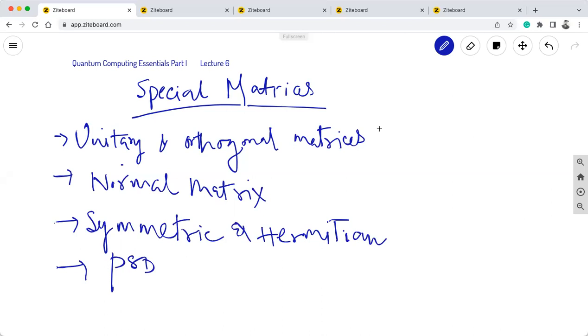So these are some of the very special matrices whose properties are very important and we'll be using them frequently in the quantum literature. So first, let us discuss the unitary and orthogonal matrices.